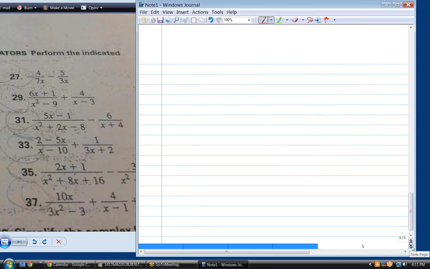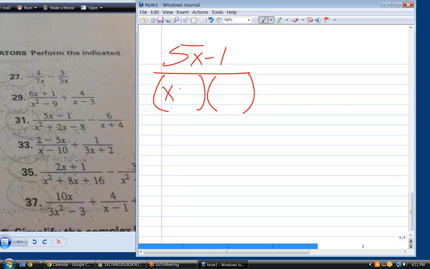Yeah. Okay. Factor the left-hand denominator. It's 4 and 2, so x minus 4? No, x plus 4, x minus 2.